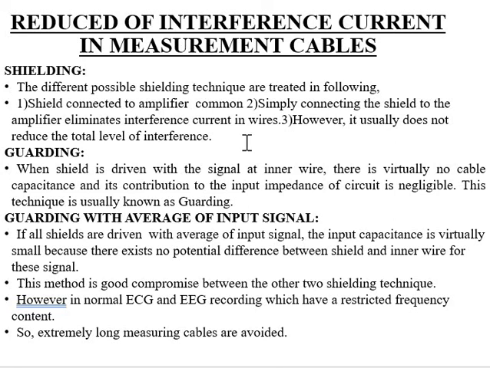If it goes beyond 1 meter, to 1 to 3 meters, then the cable again creates some problems. So avoid long measuring cables. With this, we will conclude the reduction of interference current in measurement cable.